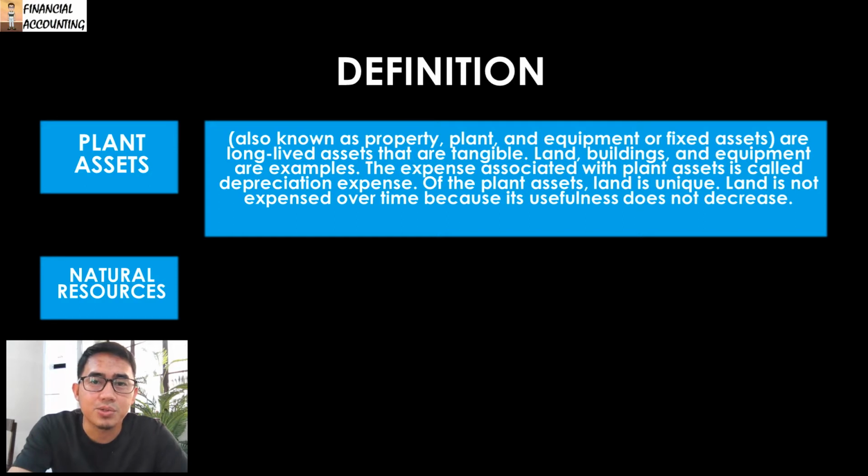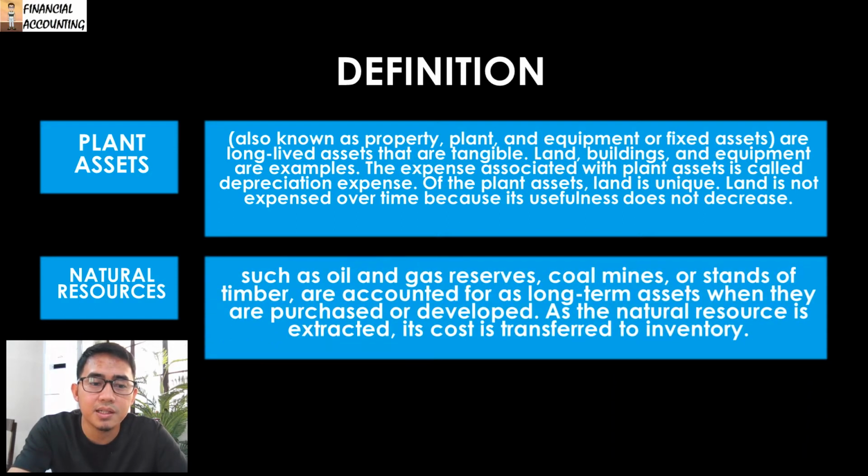Next is natural resources. These are such as oil and gas reserves, coal mines, or stands of timber, and they are accounted for as long-term assets when they are purchased or developed. As the natural resource is extracted, its cost is transferred to inventory. Natural resources are a limited asset.